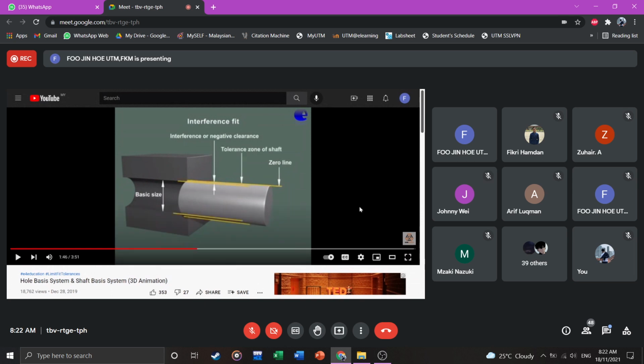As you see, in the comparison of these two, in the clearance fit, when the shaft goes into the hole, there is always still a gap. You feel it loose. Interference means that the shaft is generally always bigger than the hole, so more power and more energy is required.